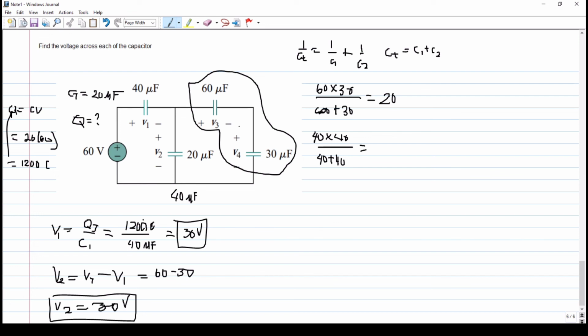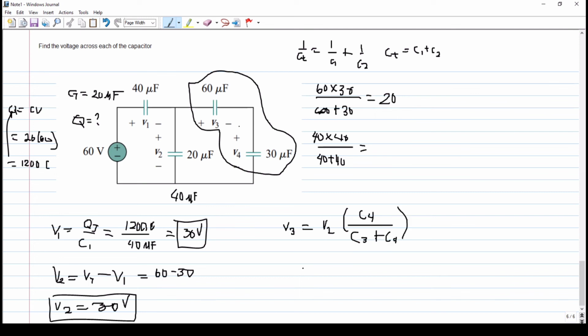Okay, so we use this voltage in V2, which is equivalent to 30 volts. So to find V3, that is equivalent to V2 times the capacitance of C4, that is 30. Or we write the formula first. So that is C4 over C3 plus C4.